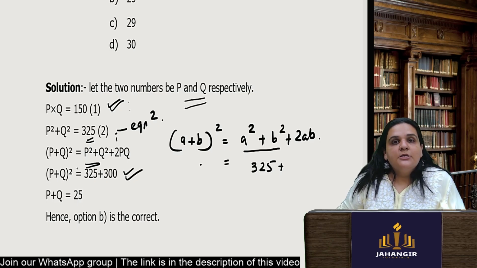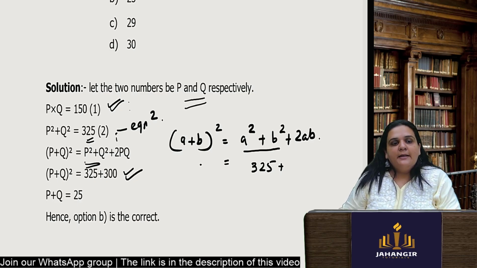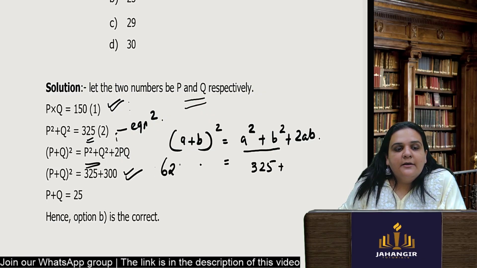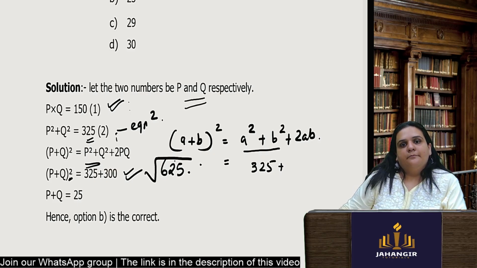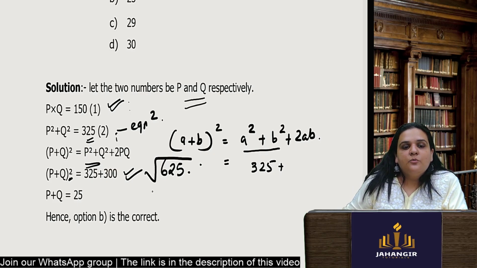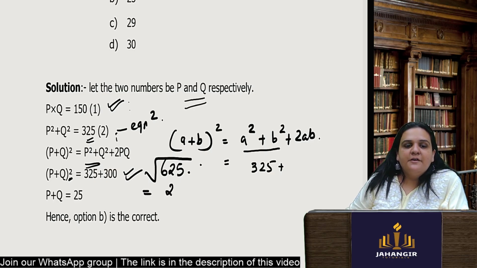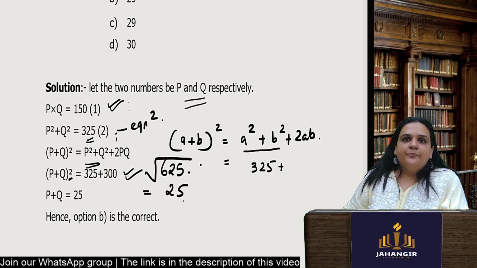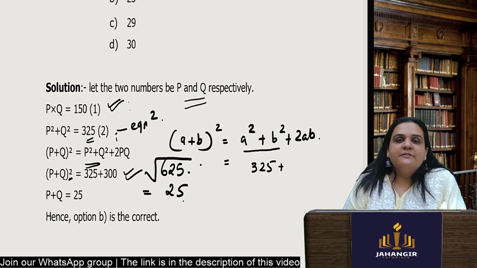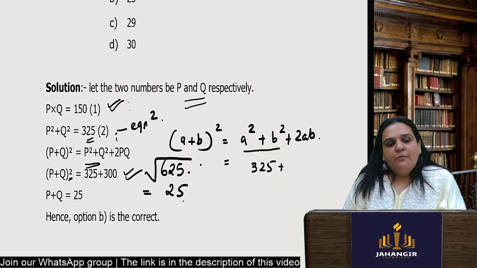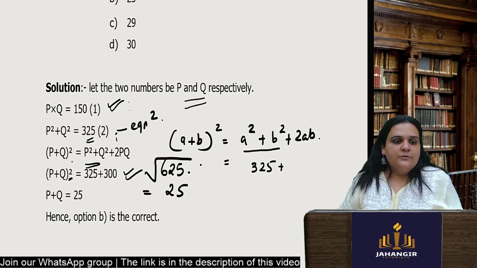So P plus Q the whole square is 625. When I want to remove the square, I have to put a square root, so P plus Q will be the square root of 625, which is 25. 25 into 25 is 625.